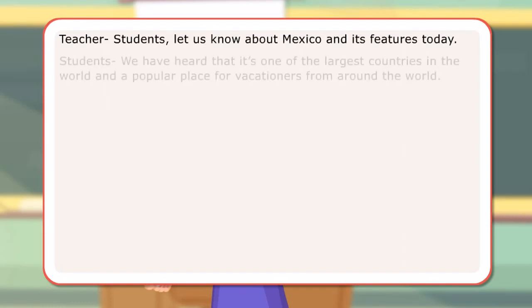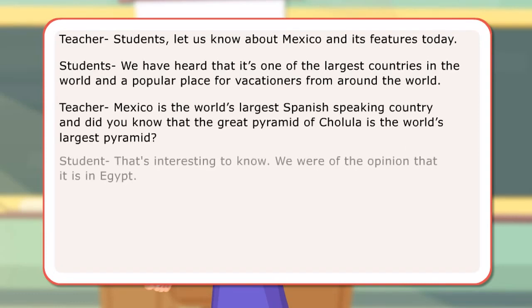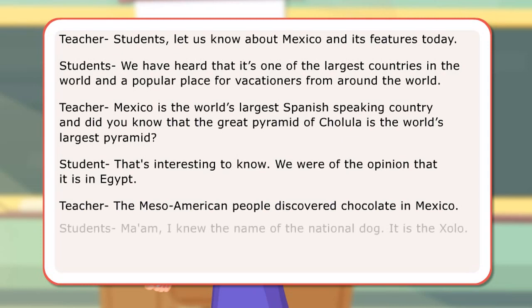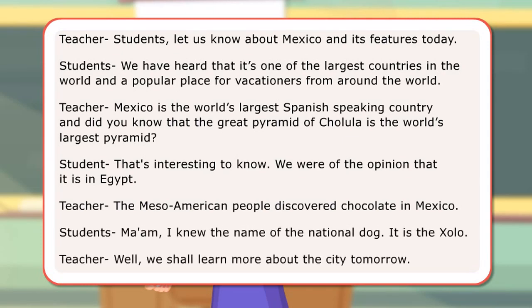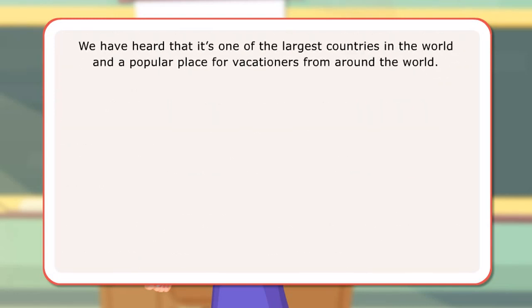In the dialogues, the teacher and the students have used the definite article the. Here are some examples of sentences with definite article the. We have heard that it's one of the largest countries in the world and a popular place for vacationers from around the world.